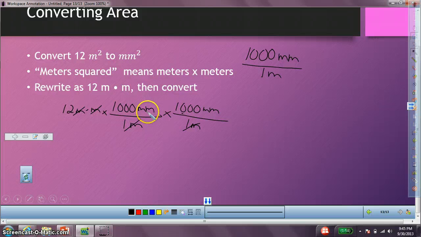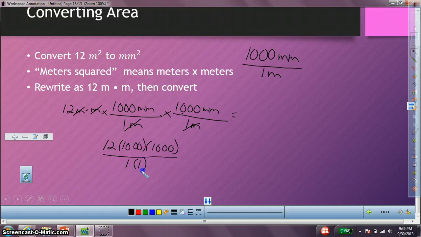And our units that we have left are millimeters times millimeters, which we know is millimeters squared. That gives us 12 times 1,000 times 1,000, all divided by 1 times 1. And our units are millimeters squared.